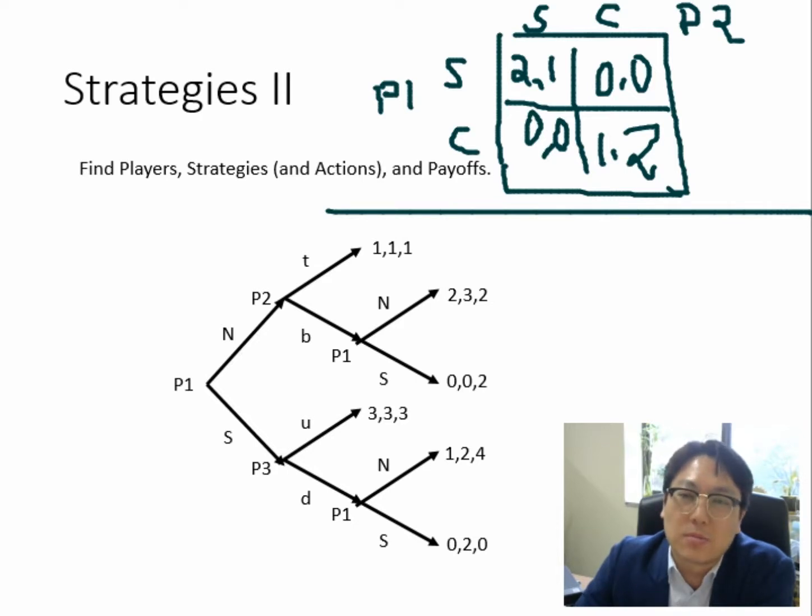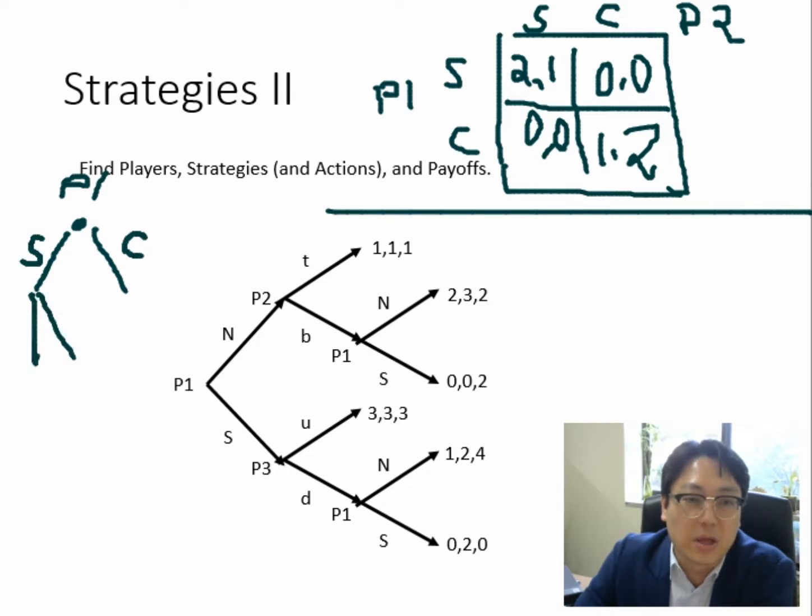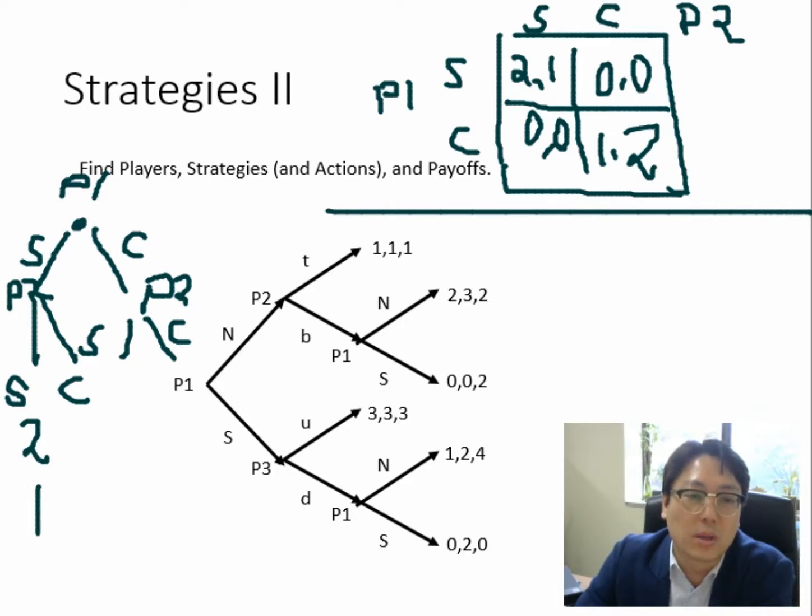Now, let's make a tree which illustrates that kind of game. Maybe think about this kind of game. Here, the first player will choose S or C, and the second player will choose S or C. If both are choosing S, they will get 2, 1.